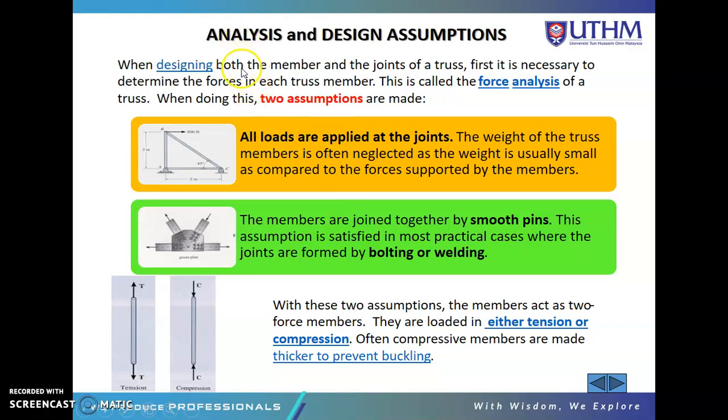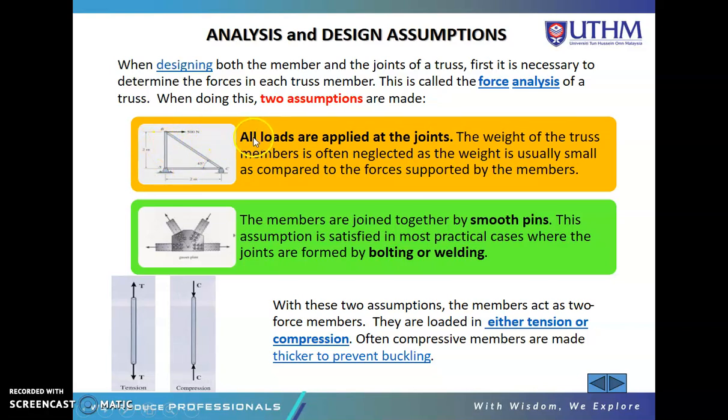For analyzing the truss, we make some assumptions. The assumption that we made is all loads are applied at joints. So load memang hanya akan di-apply pada join. Takkan ada load di tengah-tengah member.